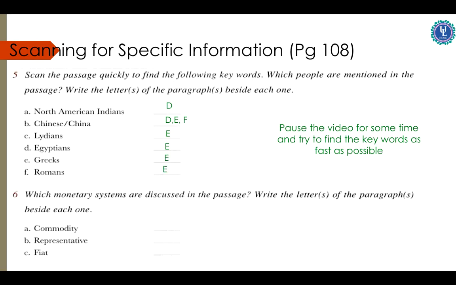Romans, E as well. And let's move on to exercise 6. You can see commodity. This is mentioned in paragraphs C, G, and H. Representative, G. And the last one, fiat, H. So this task helps you to practice scanning for specific information as fast as possible.